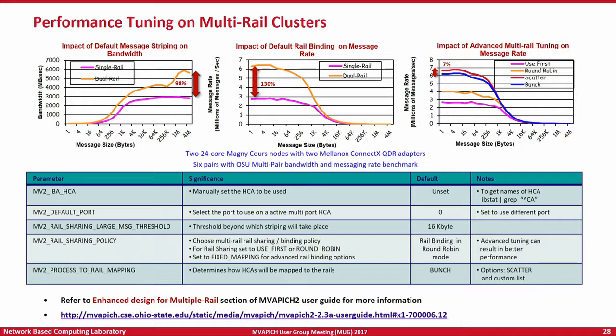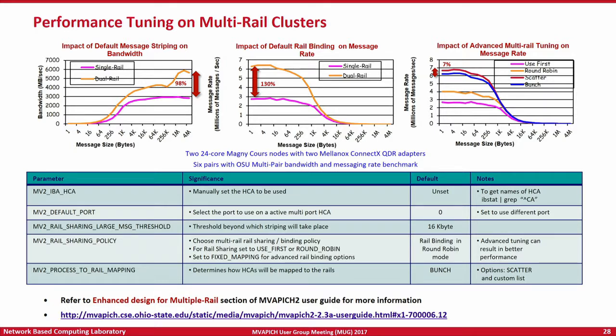The process to rail mapping is extremely important, especially if you are using accelerator based systems. This is because of platform limitations and the fact that advanced techniques like GPU direct RDMA or GDR copy, which are very commonly used for GPU enabled applications using MVAPICH2 GDR, do not work across a QPI. So the process to rail mapping is extremely important for either host based or GPU based applications.